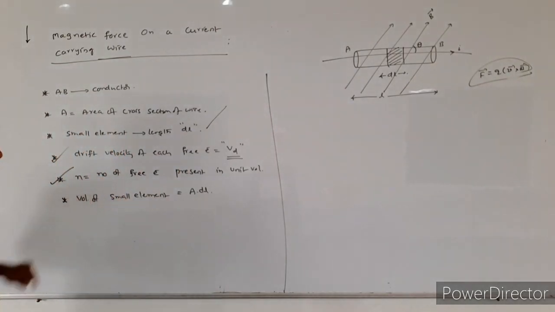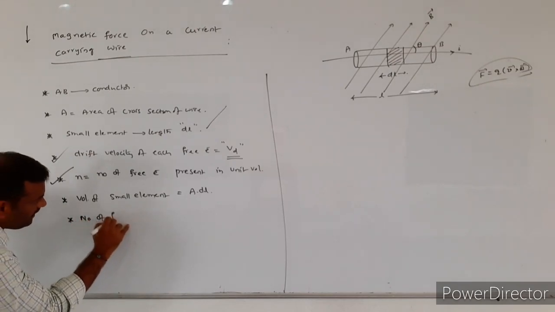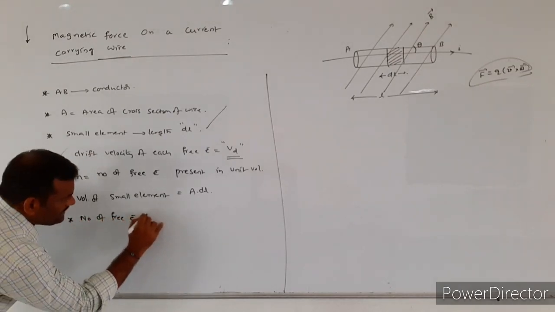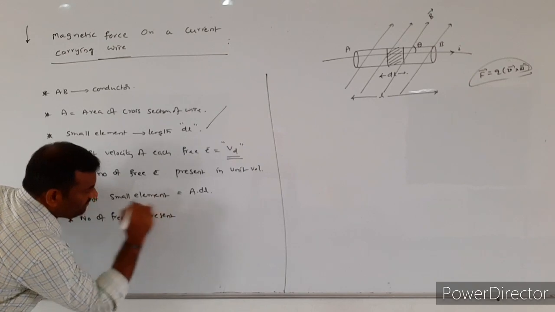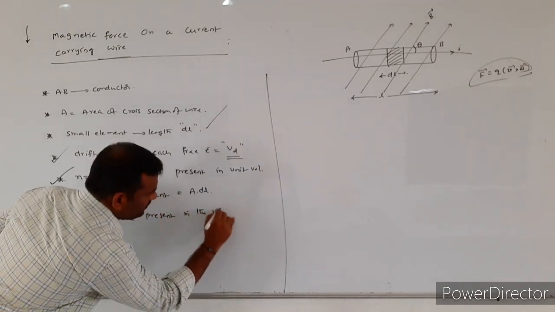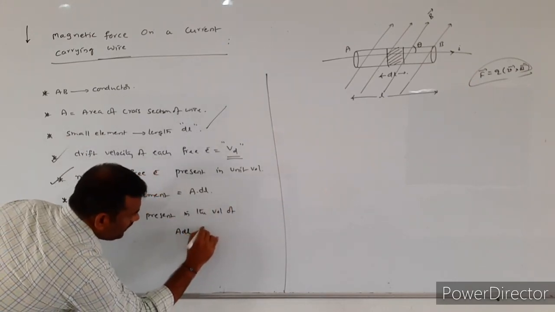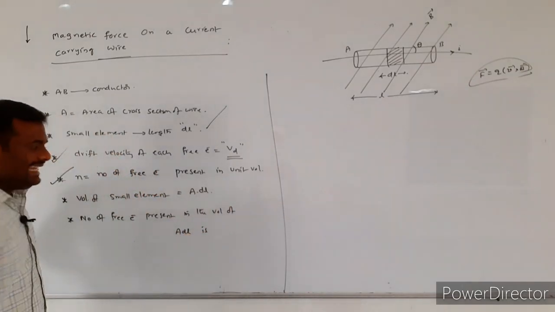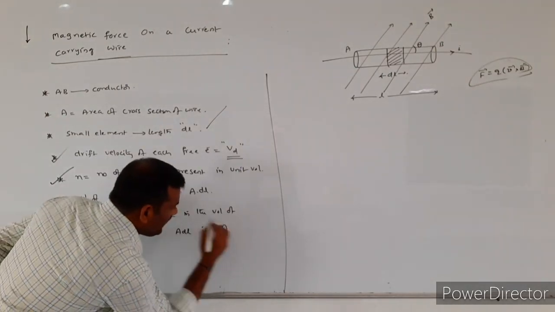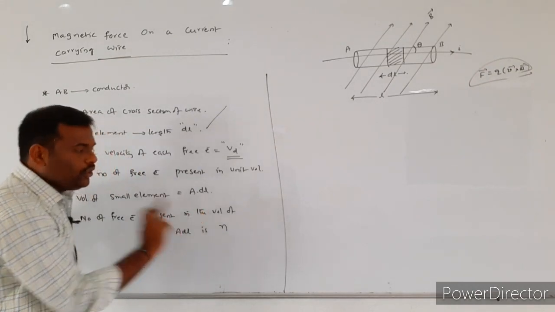Therefore, the number of free electrons present in the volume of A into dl: n indicates the number of free electrons present per unit volume.